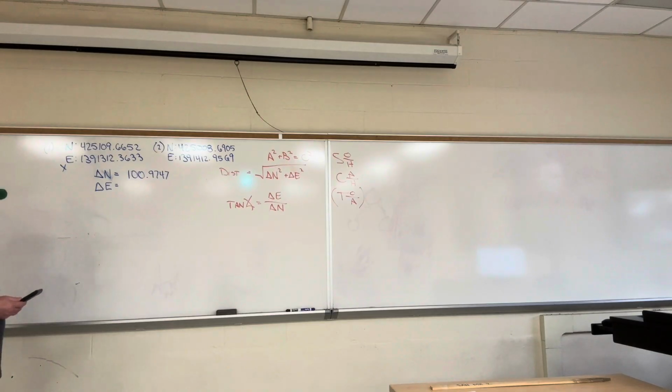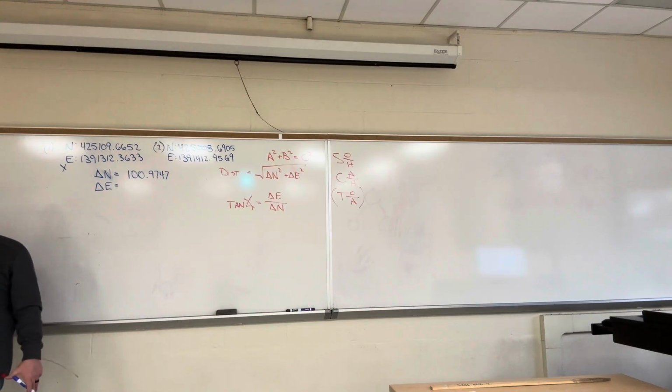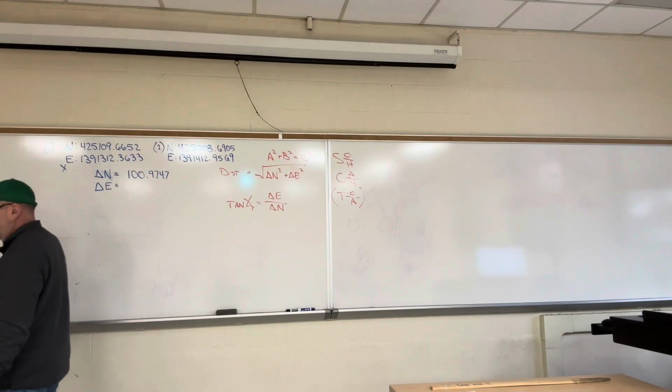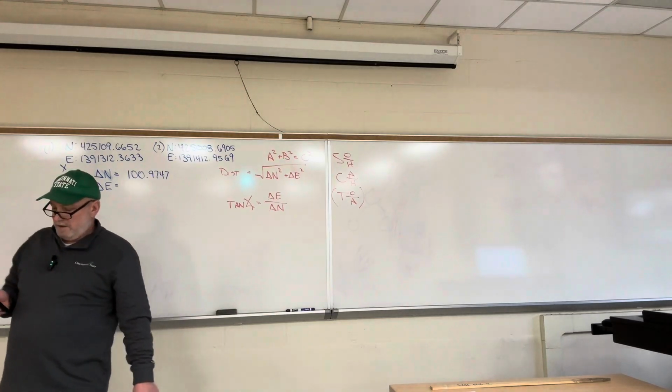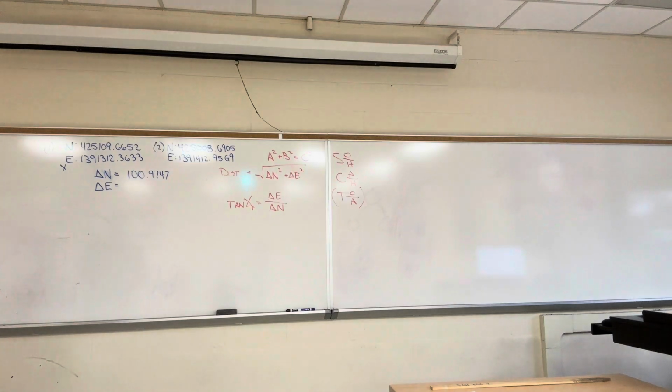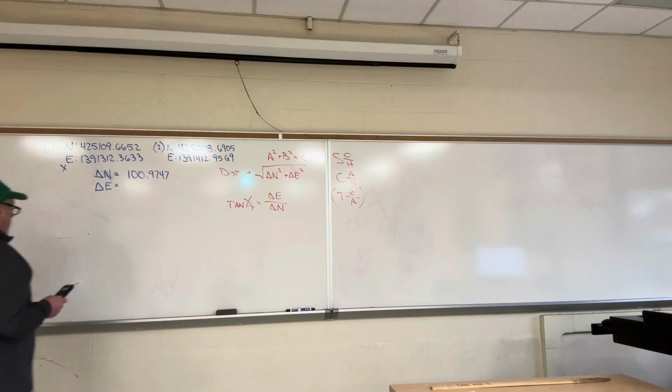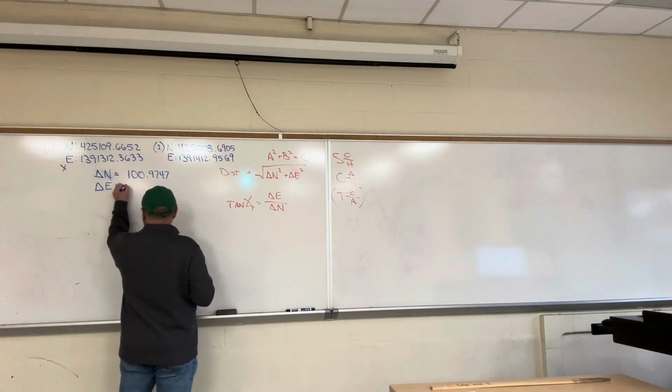Negative 100? Everybody else get that? No, we're not taking the absolute value. Negative 100. Okay, I must have punched something in wrong. Hey, that's what I got this time.